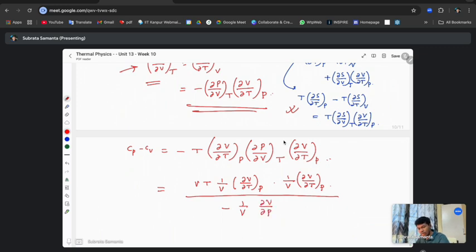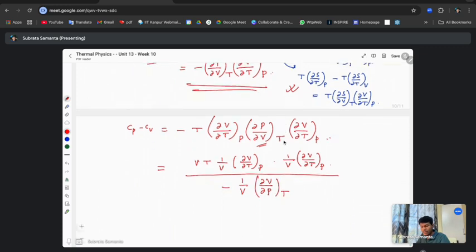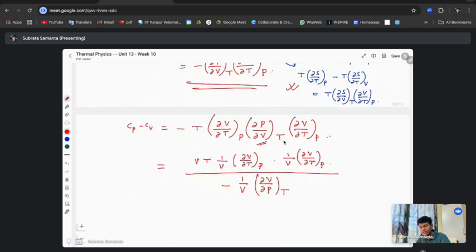So I reverse this. So del P del V inverse, so basically del V del P at constant temperature T, because the temperature is constant. So you can use this property that del P del V at constant temperature equals 1 over del V del P at constant temperature.